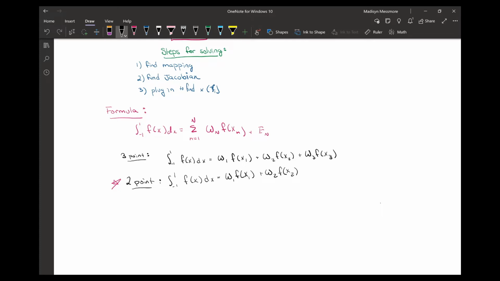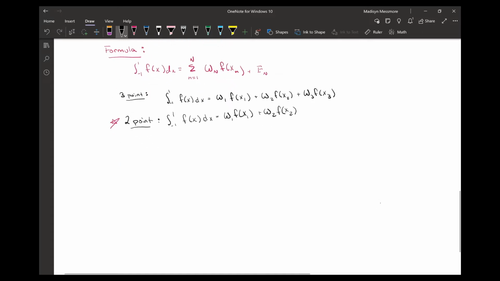So it becomes a lot to handle. Gauss quadratures with 3 wouldn't be a huge deal. It just becomes a lot more math too, because your weights are no longer 1. They're ugly numbers.